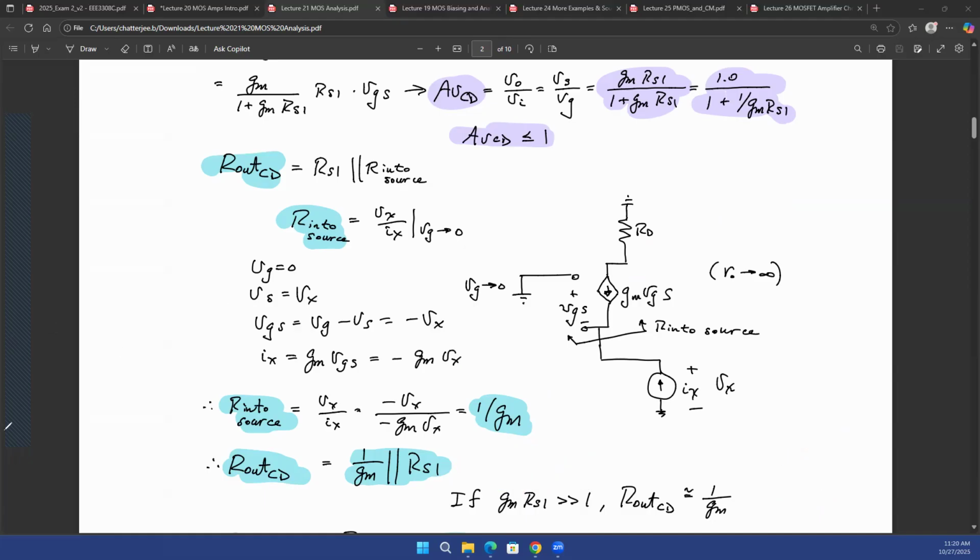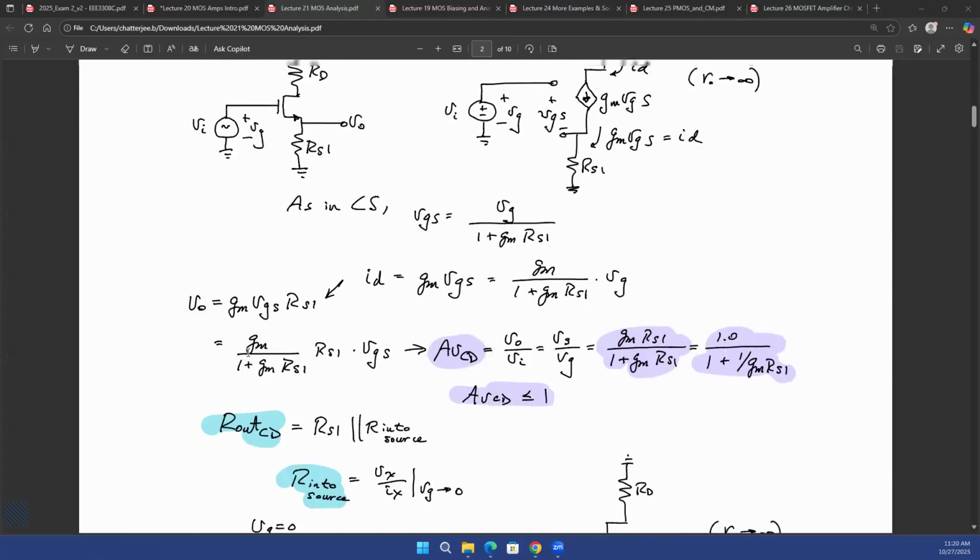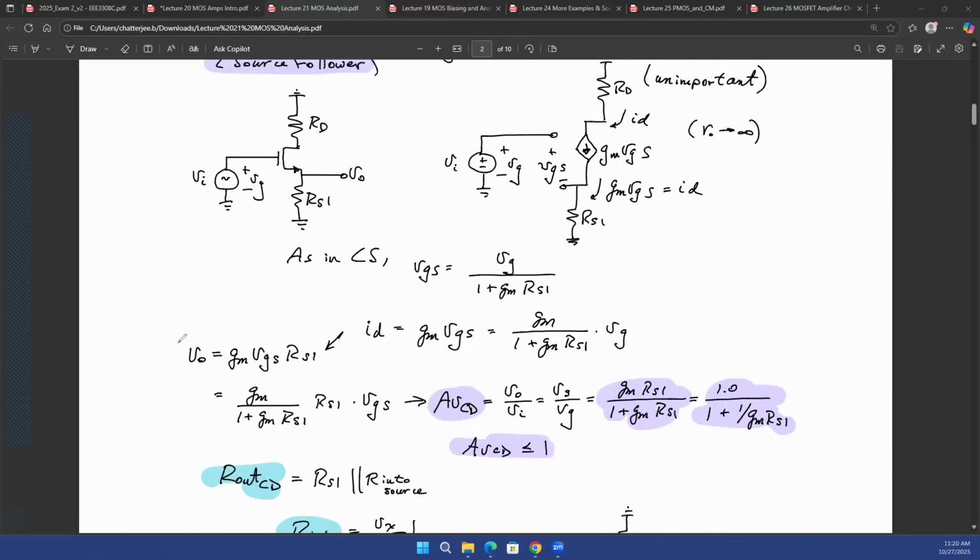The other way of thinking about it is that your output voltage is going to be the output current multiplied with the resistance that you have here. If you multiply those two, you'll see that GM divided by 1 plus GMRS times RS1 times VGS is going to be your output voltage.